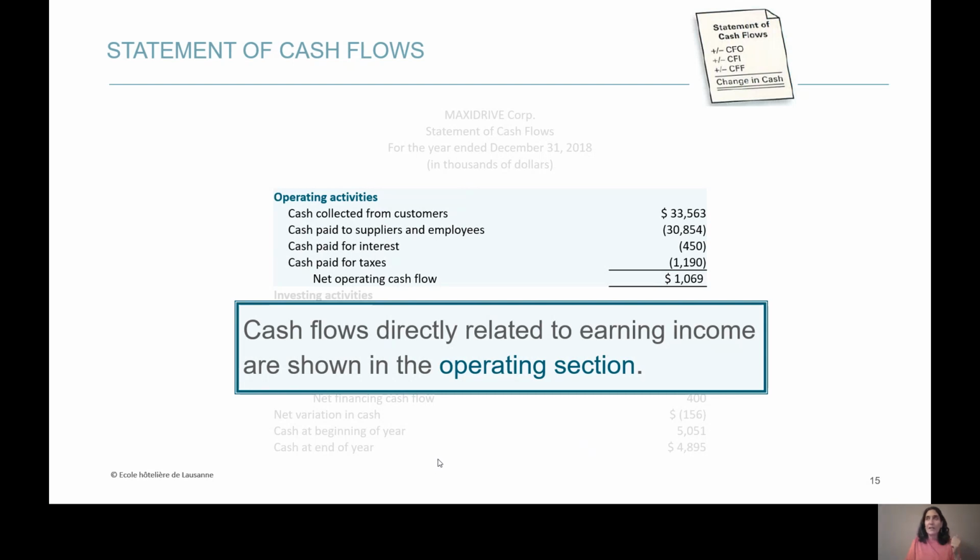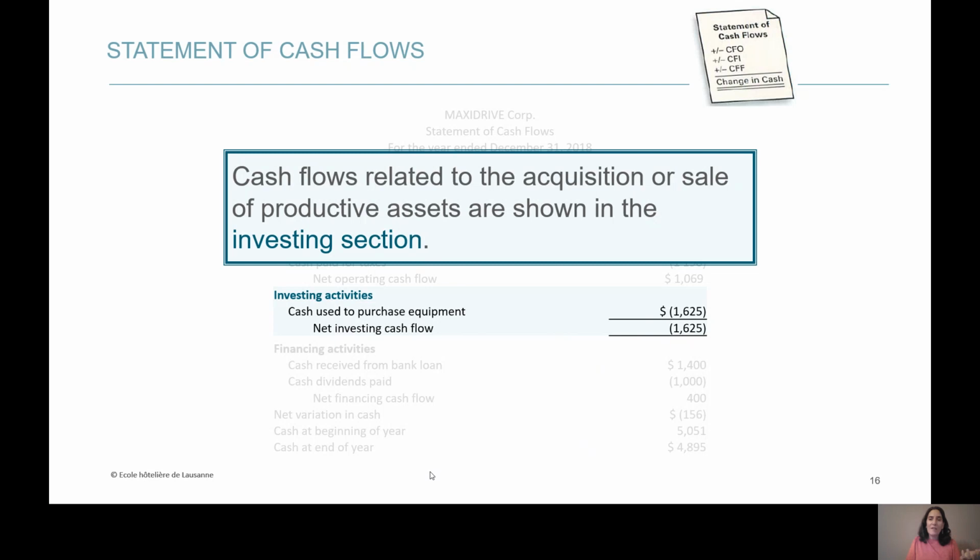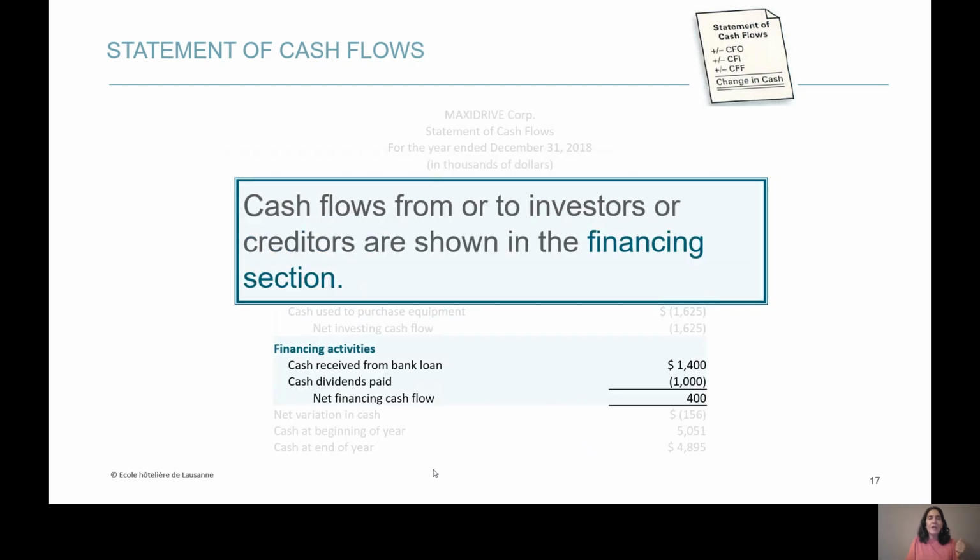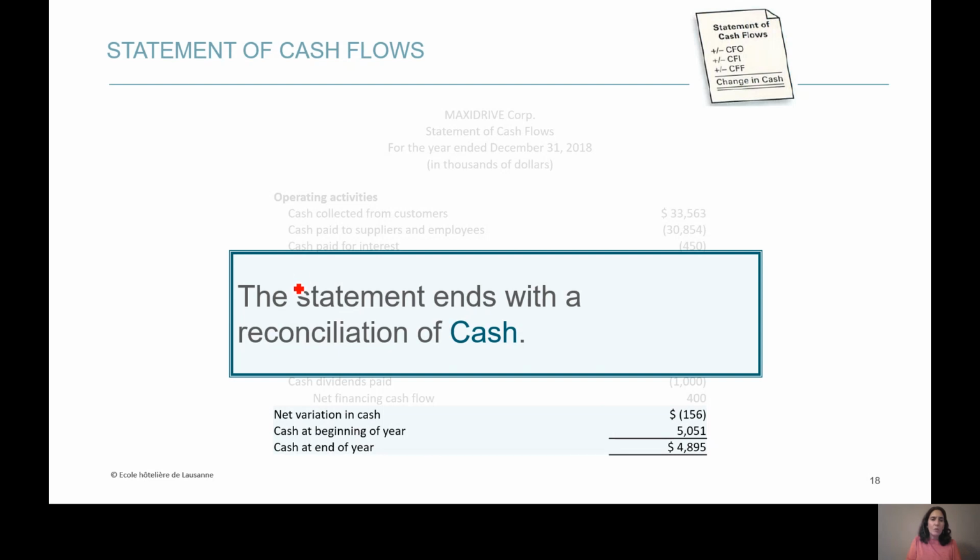You have here the operating activities section, remember, the most important part of the cash flow statement, followed by the investing activities section and the financing activities section. And at the bottom, you have what I've called before a cash reconciliation. To reconcile 2 amounts means to explain how the first amount, the beginning of year balance of the cash account, has become the second amount, the end of the year balance in the cash account.